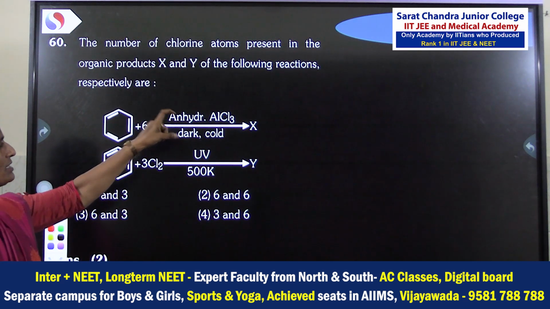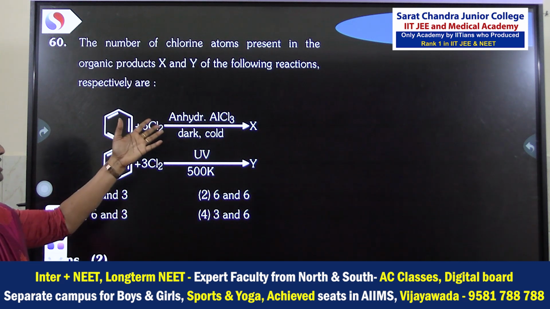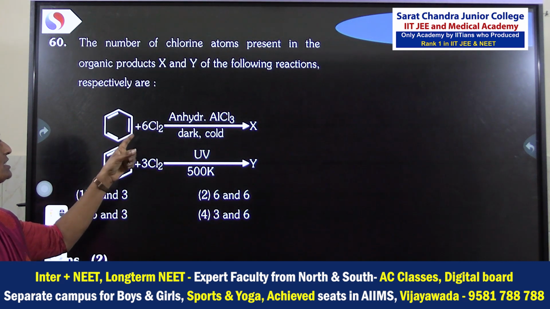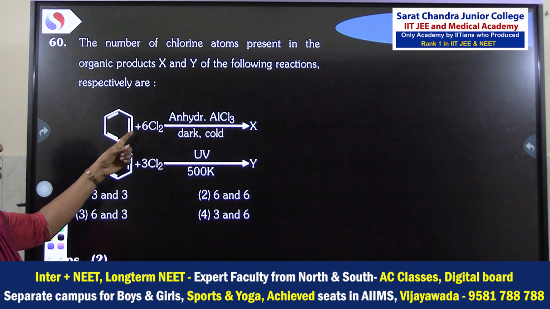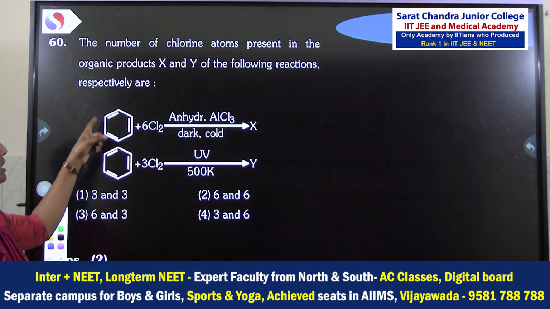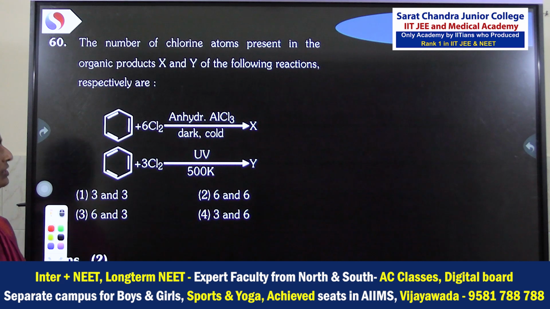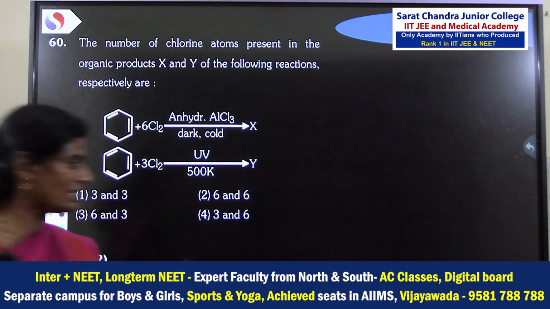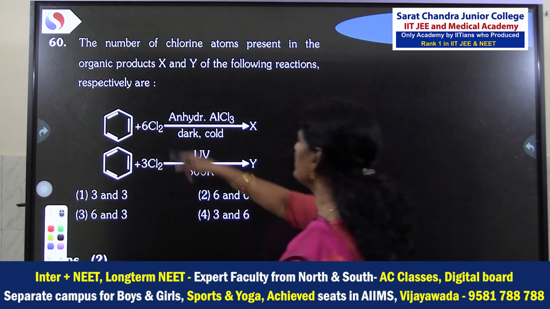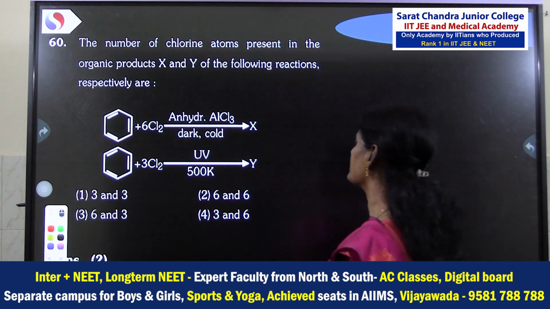This reagent indicates that this reaction is an example of electrophilic substitution. Electrophilic substitution means the H plus of benzene is replaced by the electrophile Cl plus. Here 6 H plus of benzene are replaced by 6 Cl plus.